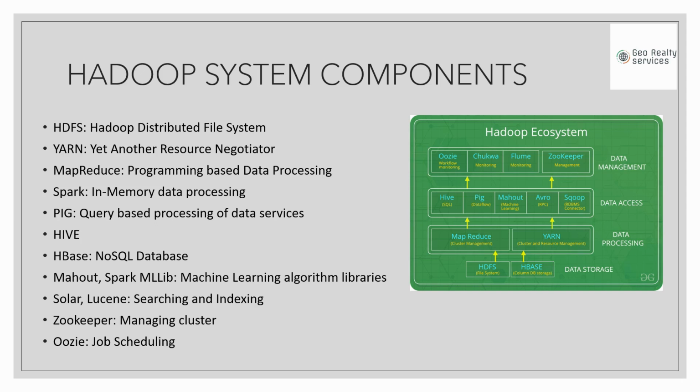MapReduce, programming-based data processing by making use of distributed and parallel algorithms. MapReduce makes it possible to carry over the processing logic and helps to write applications which transform big data sets into manageable ones.